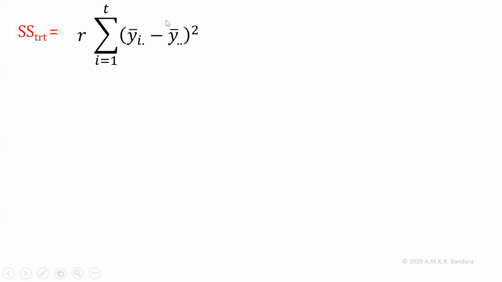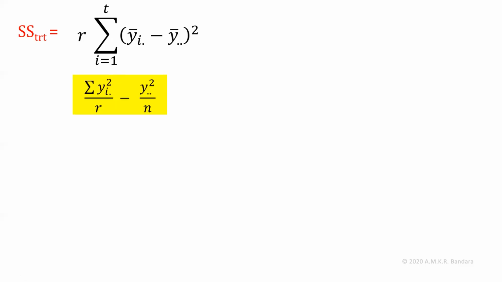Find the deviation of each treatment average from the grand average, square those deviations and get the summation. And we have to multiply those by the number of replicates in order to equally weight. I will explain later why we need to multiply by r.